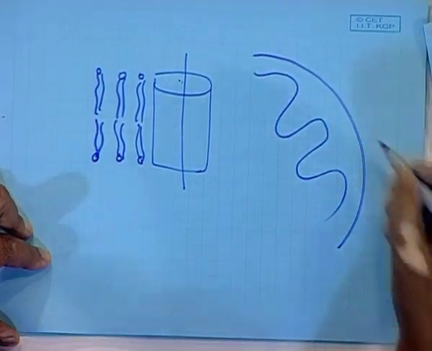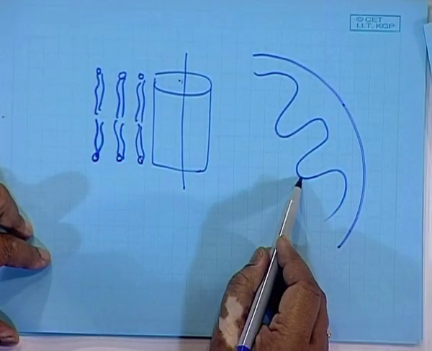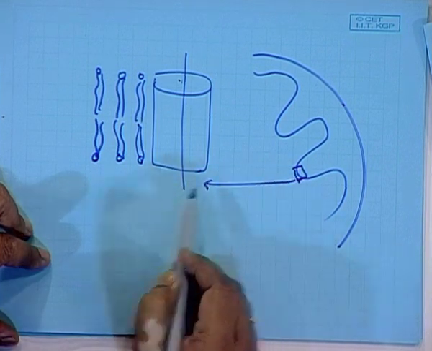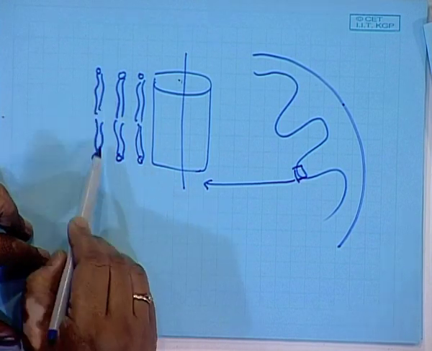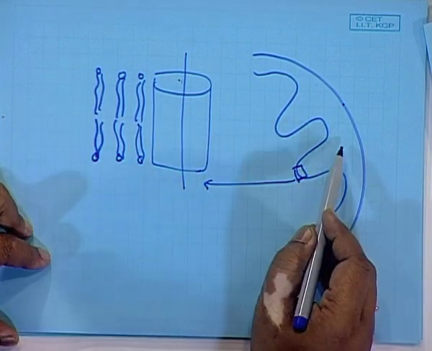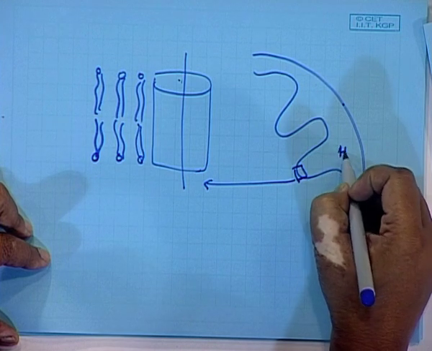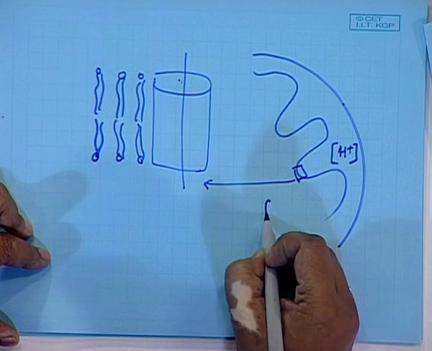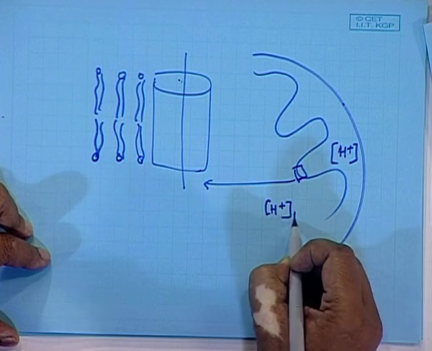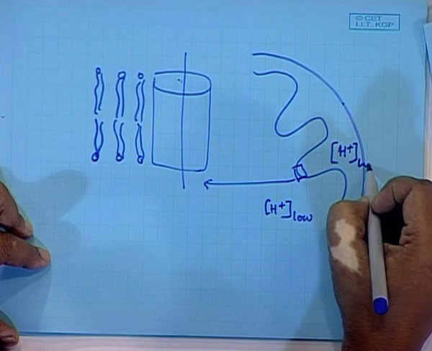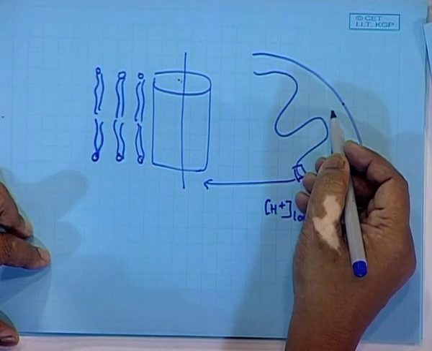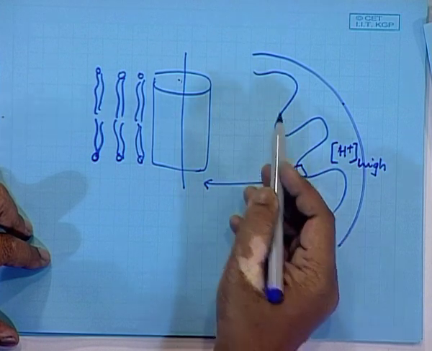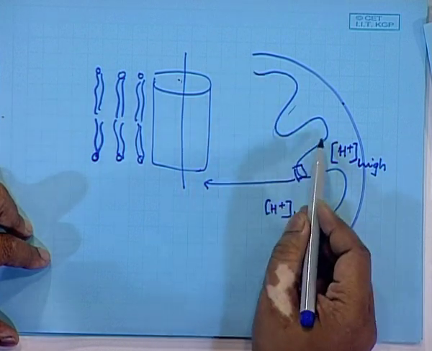If this is the mitochondria, this is the outer membrane and this is the inner membrane, one region would blow up to look something like this, where we have the lipid bilayer, a high H plus concentration on this side, and inside an H plus concentration which is low. Ideally you would expect the protons to just diffuse through, but that does not happen because the inner membrane is impermeable to protons.